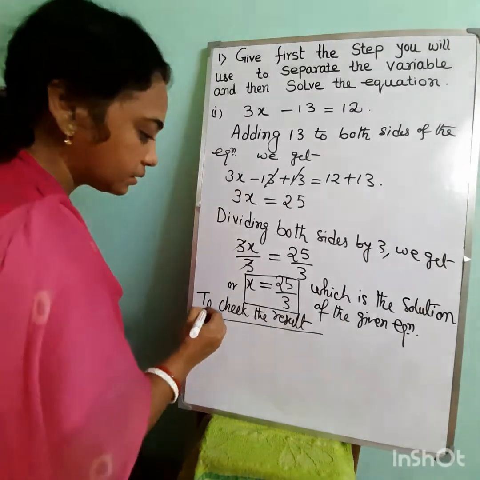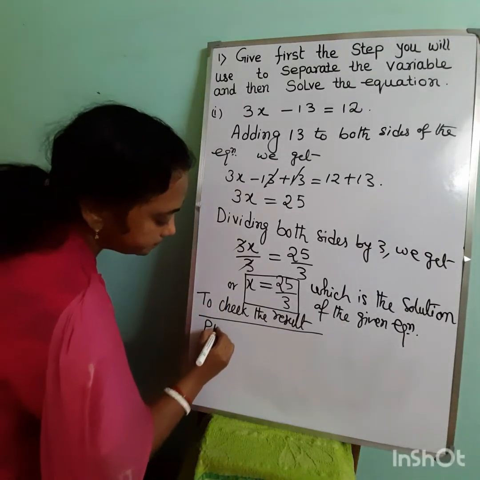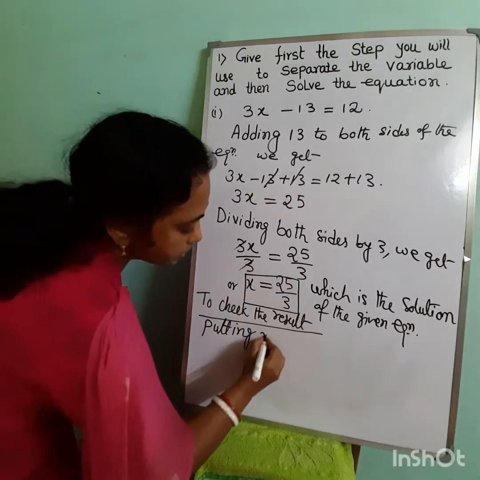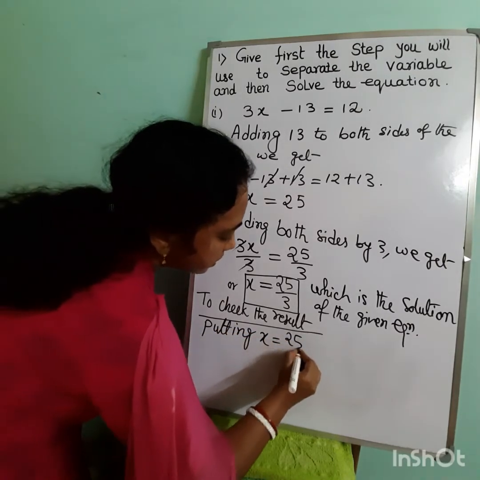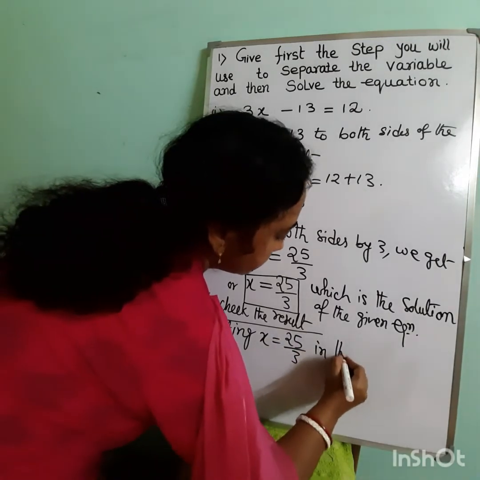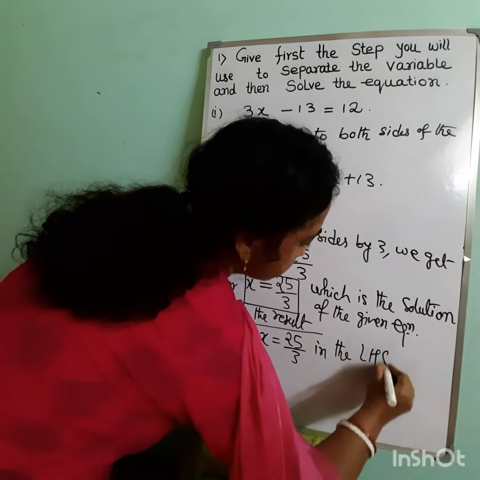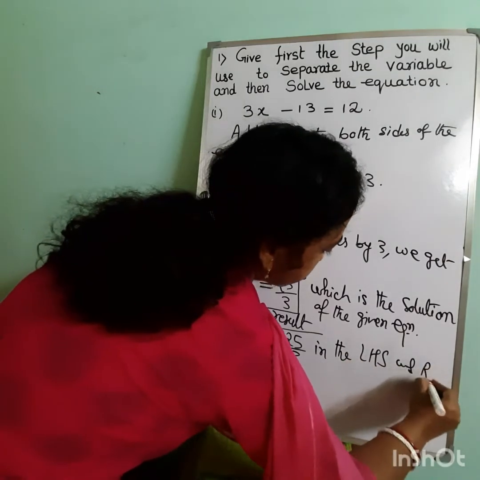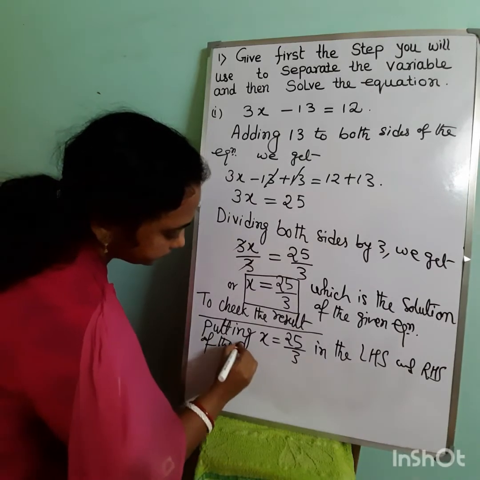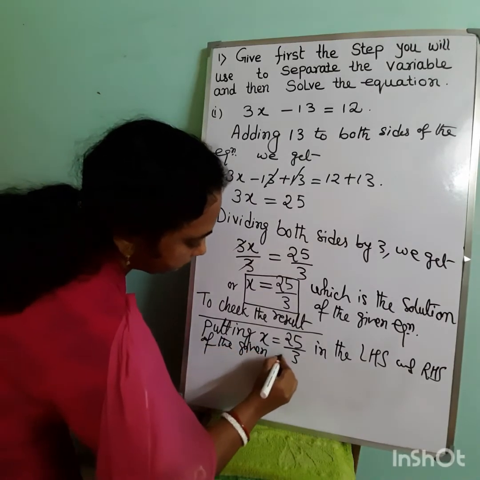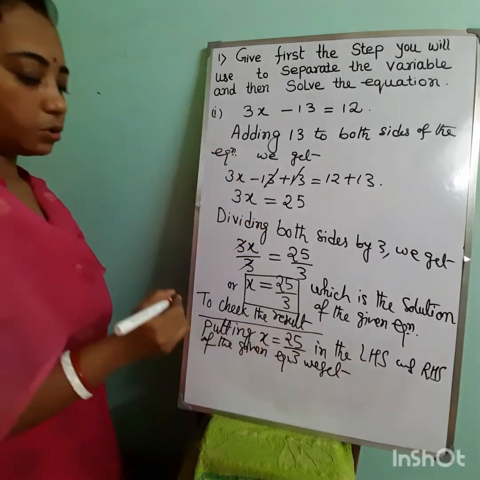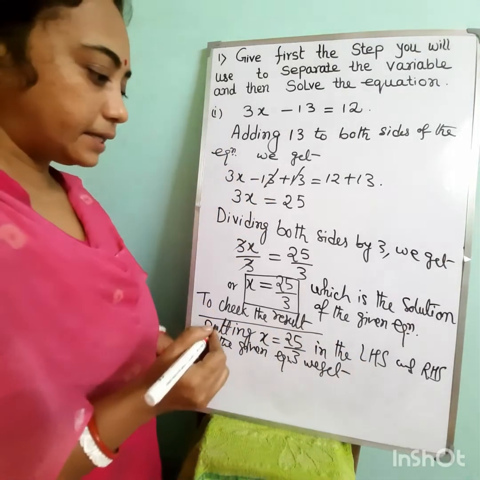So putting, or we can write substituting x is equal to 25 by 3 in the left hand side and right hand side of the given equation, we get.